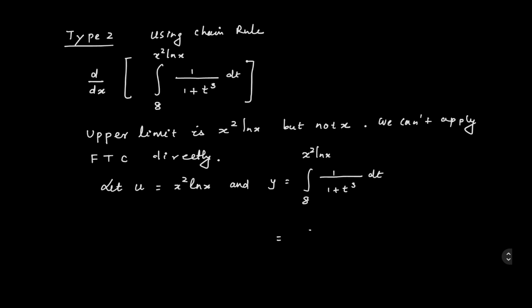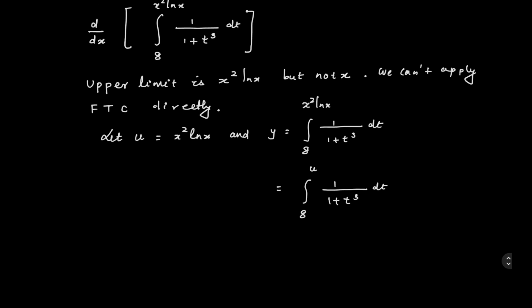This can be written as the integral from 8 to u of 1 over 1 plus t cube dt. Now here you can see that u is a function of x and y is a function of u. Therefore y is a composite function.